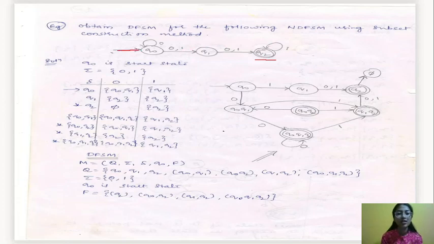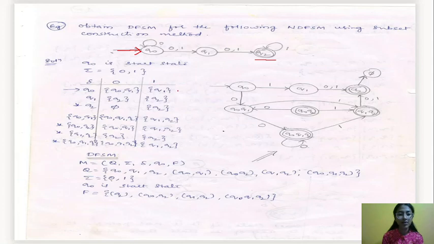Q0 is the initial state, where the sigma symbol specifies the input symbols we are using.